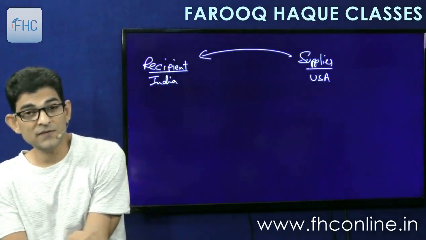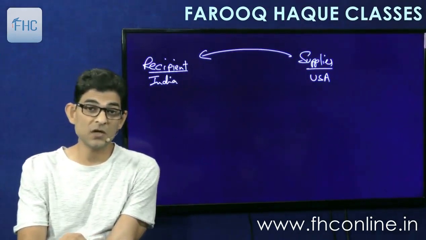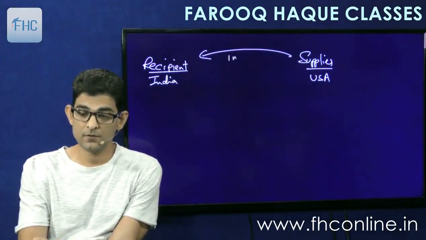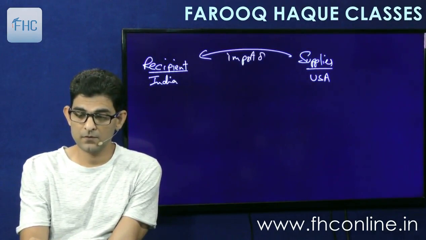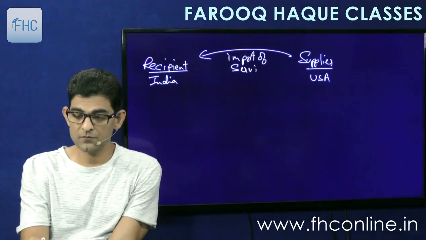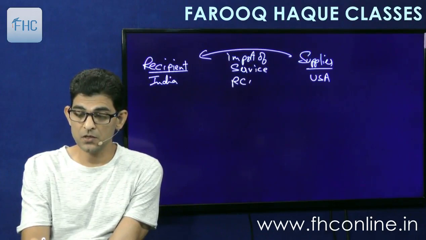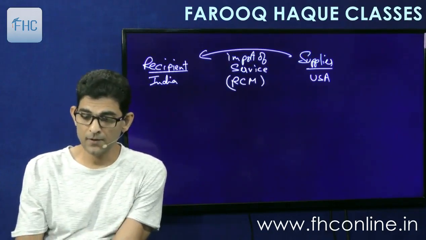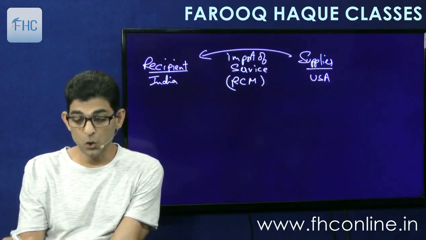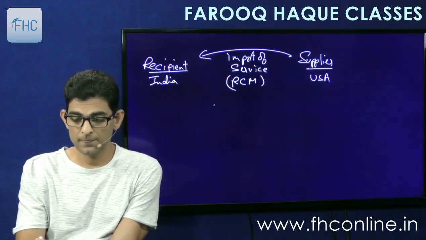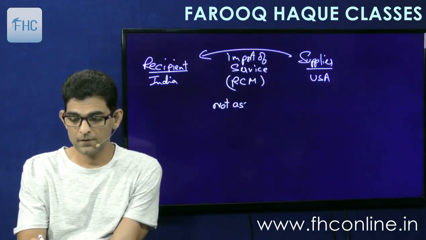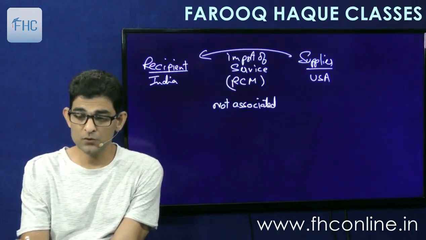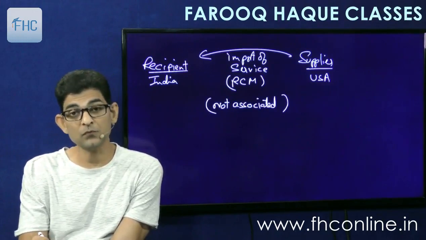So anyways, when there is import of service, you apply reverse charge. Import of service comes under reverse charge mechanism, right? Good. Now, if they are non-associated, means they are not related to each other, then what will we do?